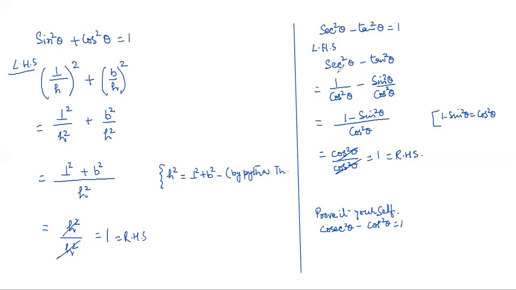This manner I have proved secant square theta minus tan square theta is equal to 1. Same way you are able to prove this one. So these are the important identities that you will be using to solve the questions of exercise 8.4. This is the very important identity.